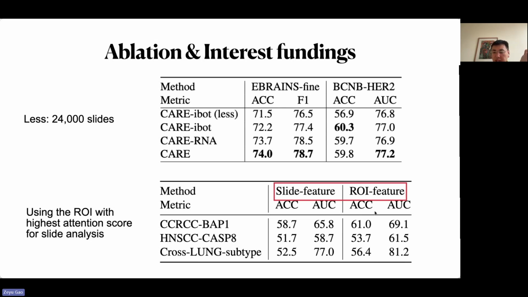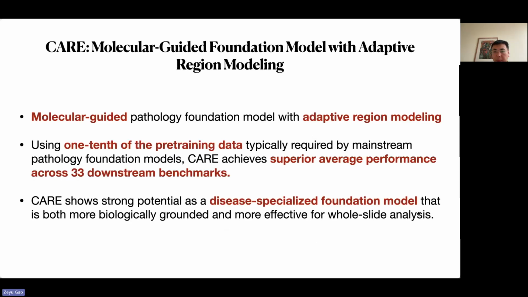It gets better results if you only use region of interest level embeddings, because we all know that the slide level embedding is kind of like an average of your whole slide, but some of the mutations may only happen in a specific area or specific region. So it makes sense to use only region of interest embeddings to do some of the tasks in the future.